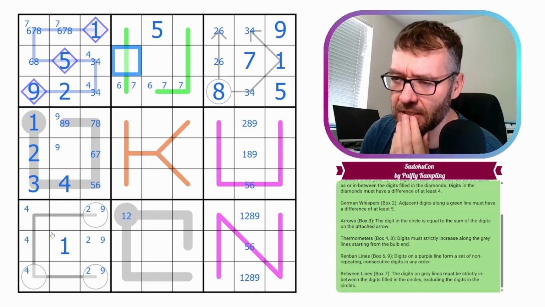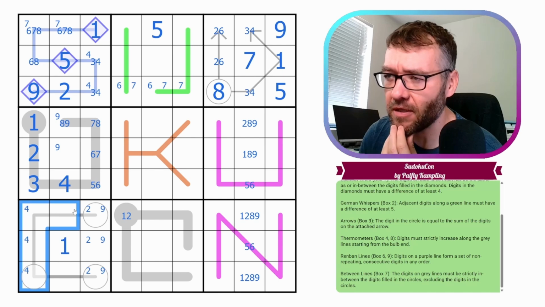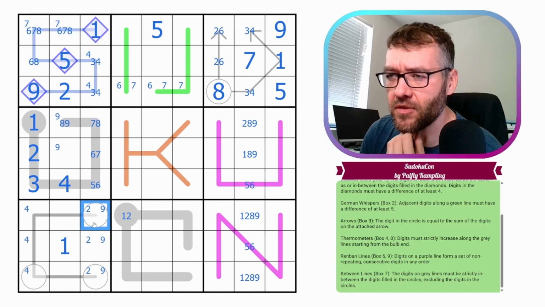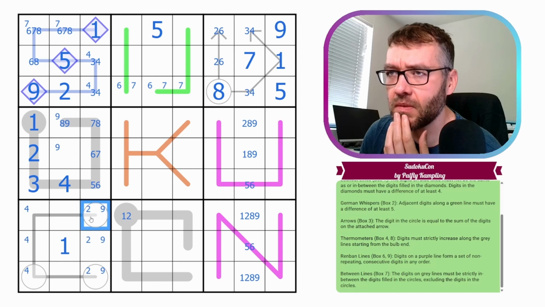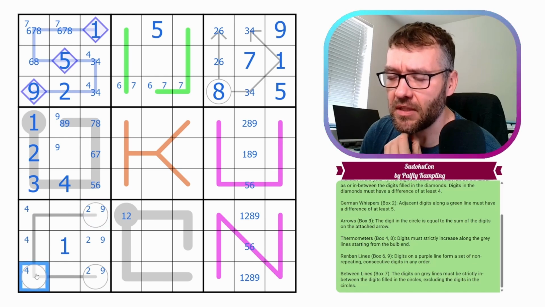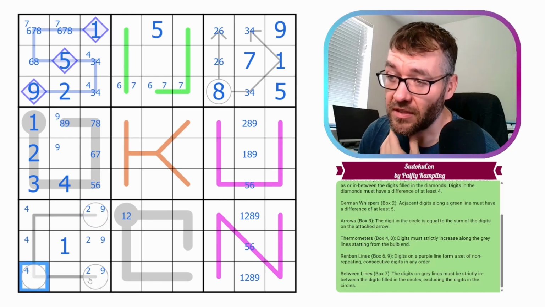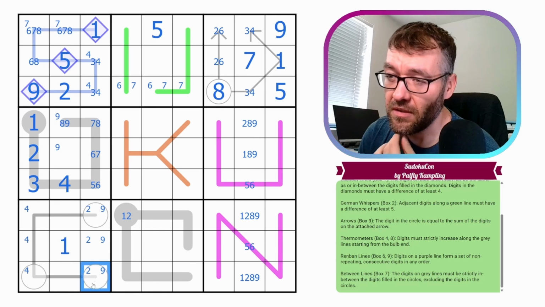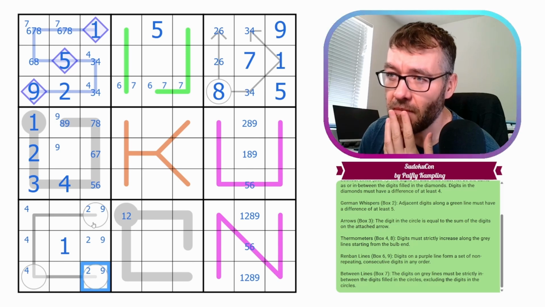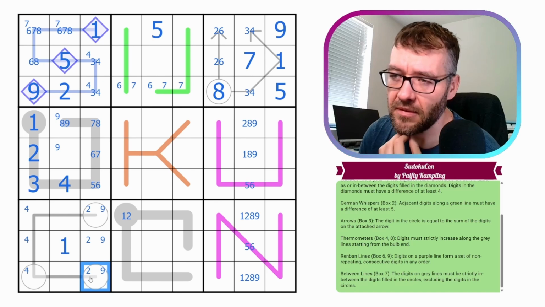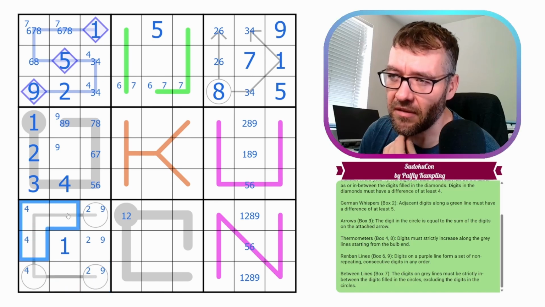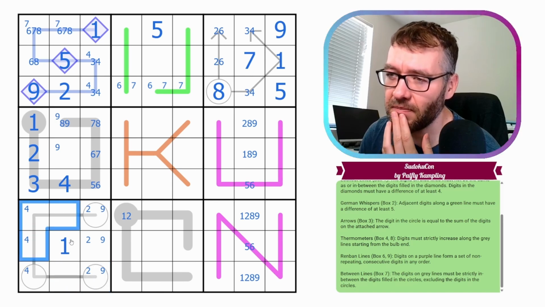I'm not sure what to do with this box down here. Maybe I'm focusing on the wrong box. So if this was 2, this would have to be at most a 7, because we'd still need something to go over here. No, I think if this was 2 and this was 9, this could be like 6, and you could place a 7 here and everything else would still fit in here, right?